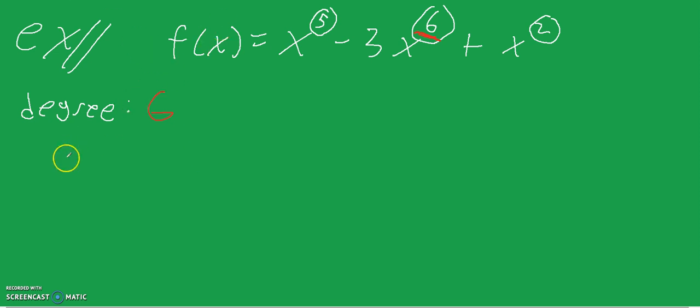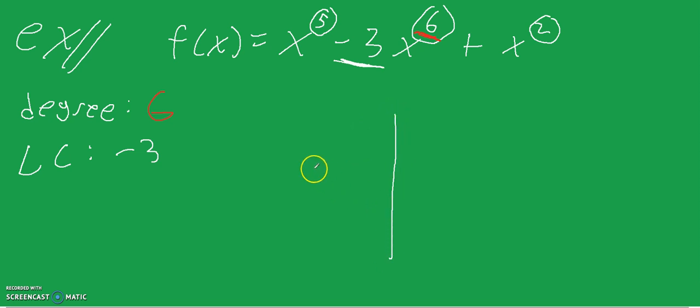Now, I need to identify the leading coefficient, which I'm going to call LC. To do that, I look at the coefficient of the x to the sixth term, and I get negative 3, which is clearly a negative number, right? So now I have an even degree polynomial with a negative leading coefficient.